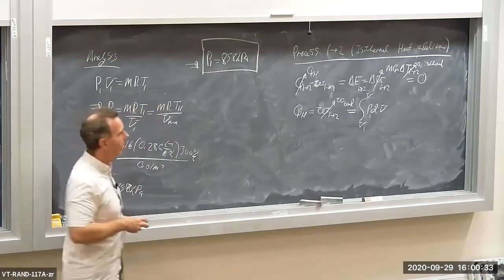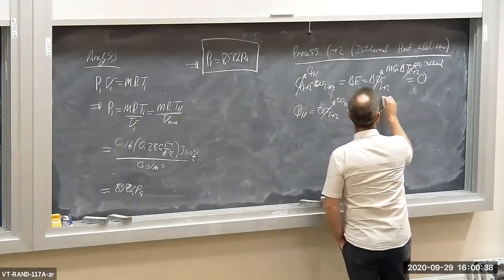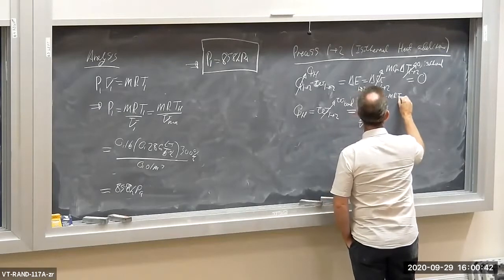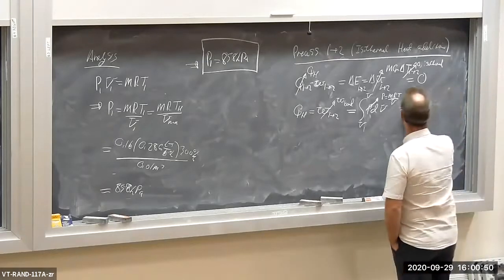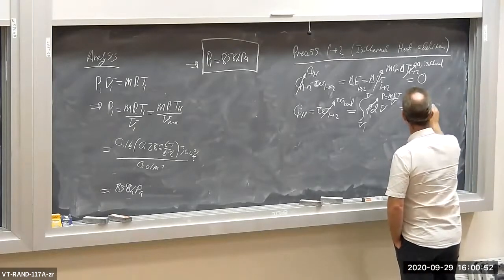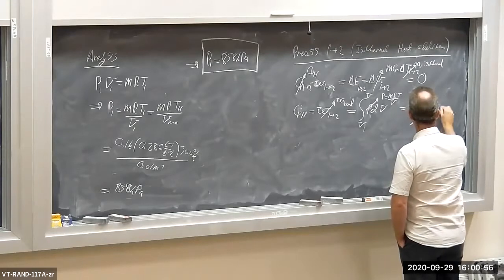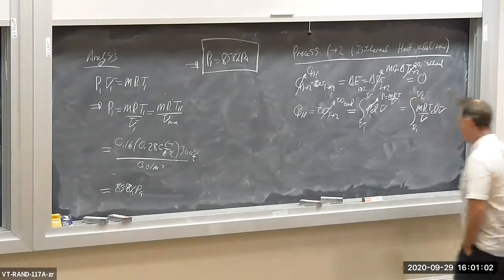Let's see, from the ideal gas law, pressure is equal to mRT over V. So let's put this in the integral. mRT over V dV from 1 to 2.